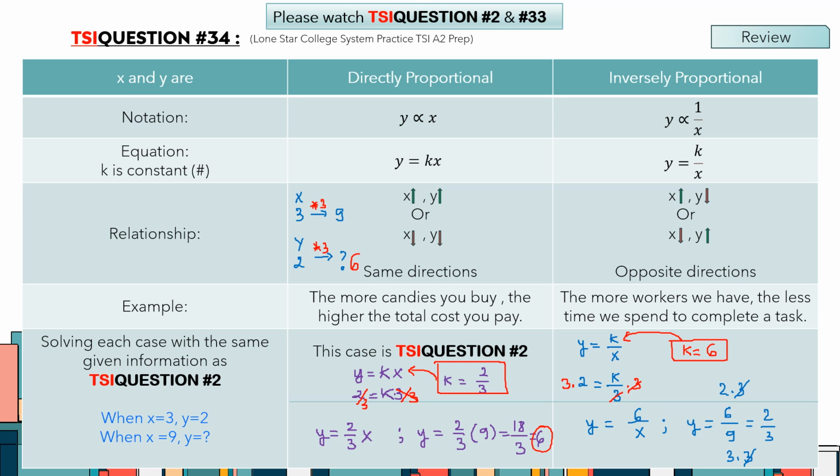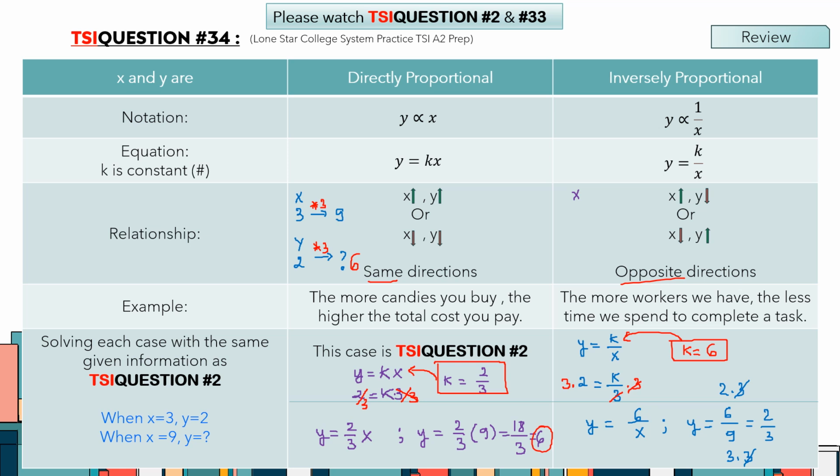Now it's similar for the inversely proportional. We know it's opposite directions. So in the directly proportional, you multiply by 3 for x, you multiply by 3 for y, since they go the same direction. Now it's opposite directions. When x equals 3, it moves to 9. It increased from 3 to 9.